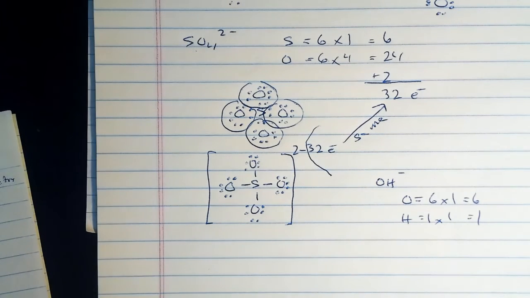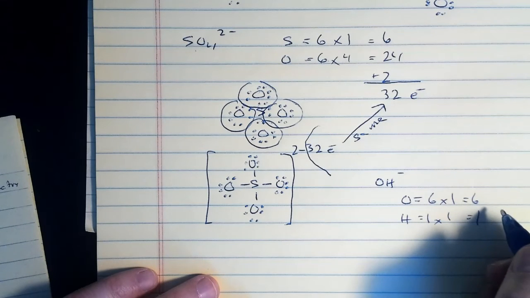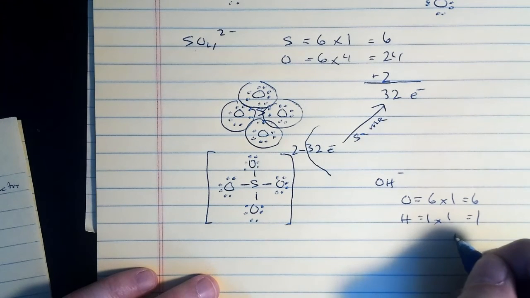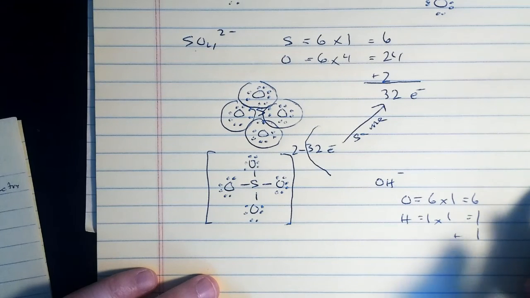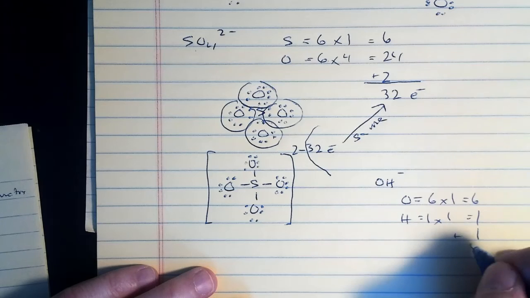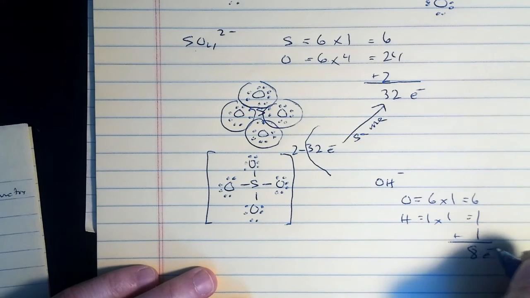Okay, so we add this up, and we have a negative charge here. That's a -1. So we're going to add 1 more because we gained an electron. So it's going to be 8 electrons.